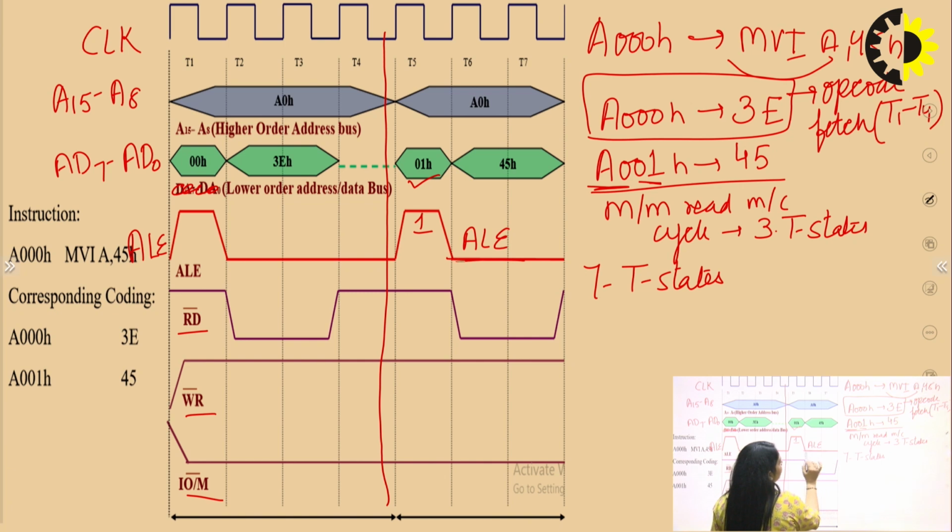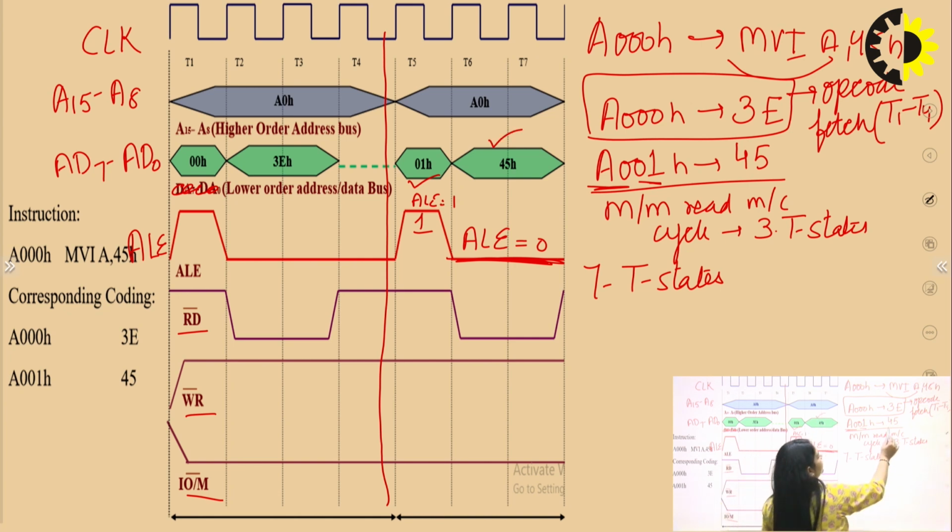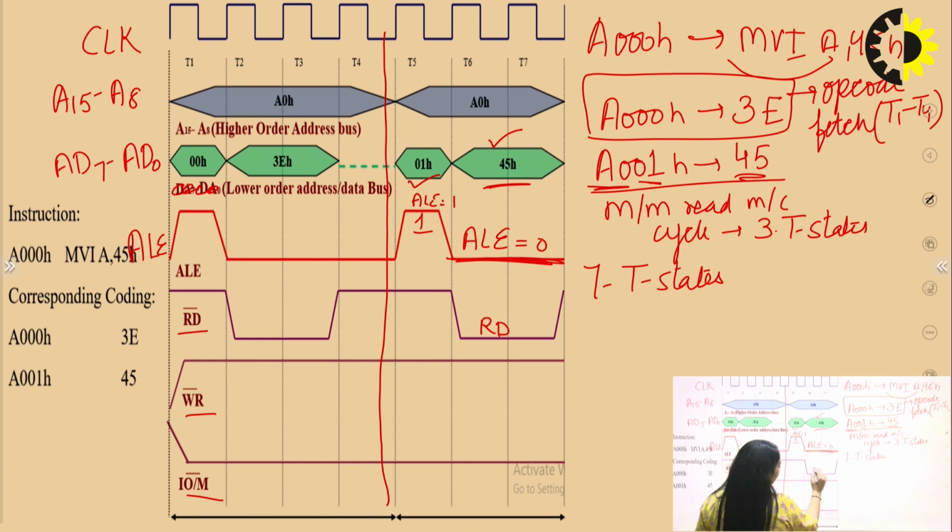When ALE is 0 here, and ALE is 1 here, then the data, that is 45, is going. But the 45 is a memory read, we have to read, that is why read bar here is 0. Write bar is permanently 1, because the microprocessor is only reading, not writing.